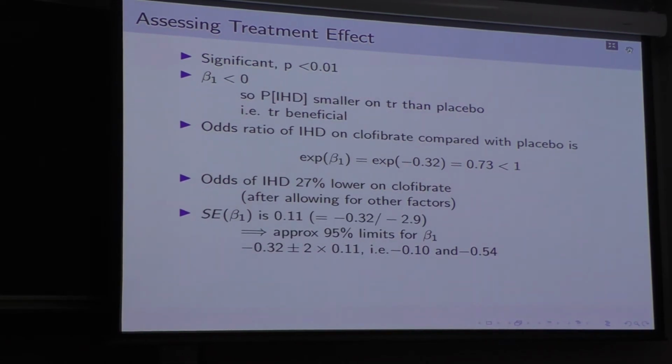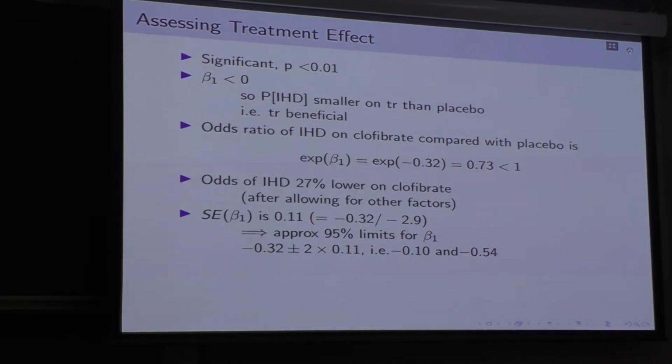If you want to give some sort of confidence intervals, which we often do in statistics, you'd need to work out the standard error of beta 1, because the z value should be the estimate over its standard error, so cross multiplying, the standard error is that over that.